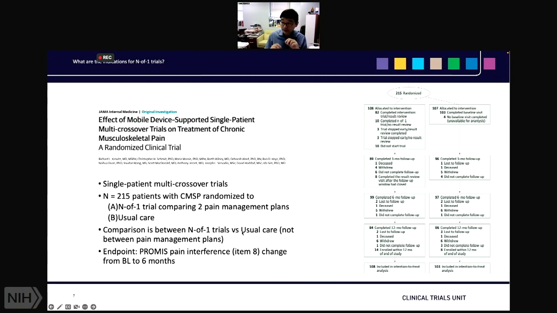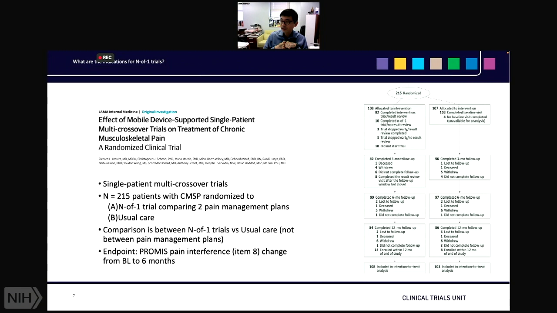You may imagine that under usual care, some participants may receive exactly the same pain management plan as a participant in the N-of-1 trial. But again, we're not looking at how we deal with pain, but at whether an N-of-1 trial helps come up with a good decision on the pain medication.